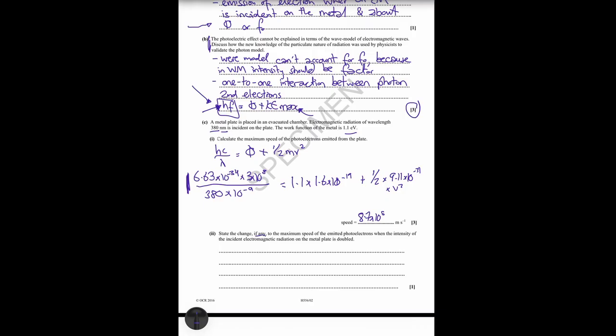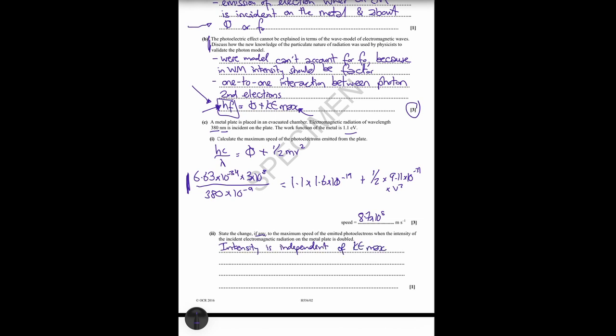So here, state the change if any, or state the effect, on the maximum speed of the electrons when the intensity is doubled. I know that the intensity is independent of KE max, and there's nothing in the formula for it that's got intensity in there. But I should kind of know this anyway, even if I didn't need to refer to the formula.